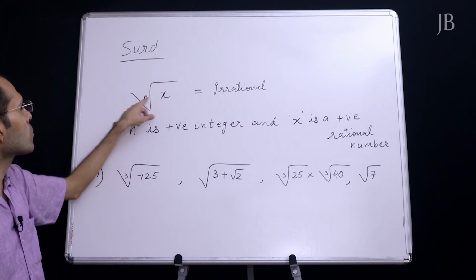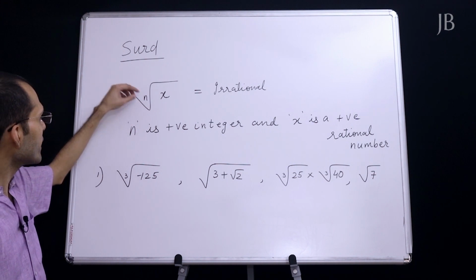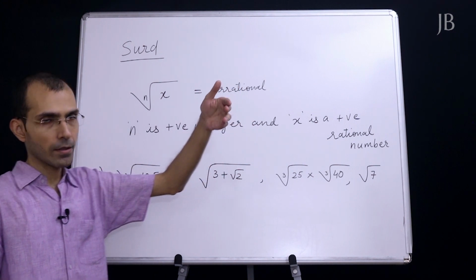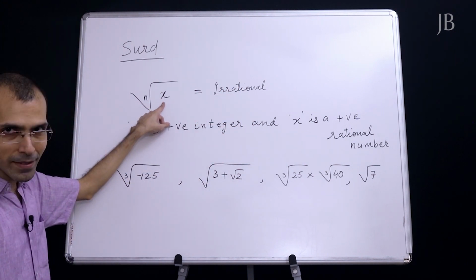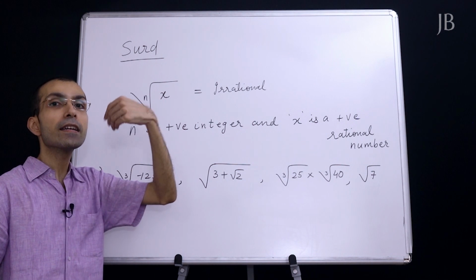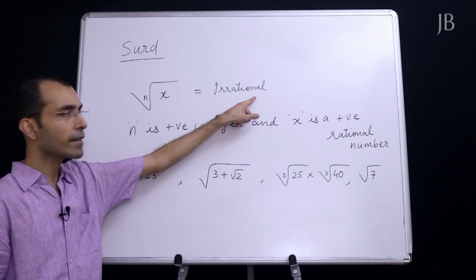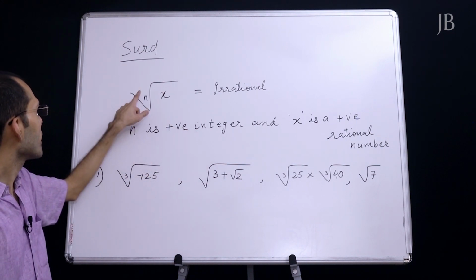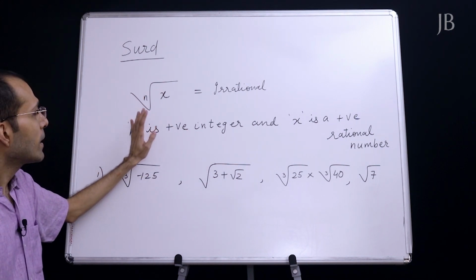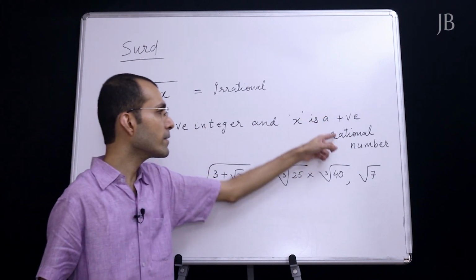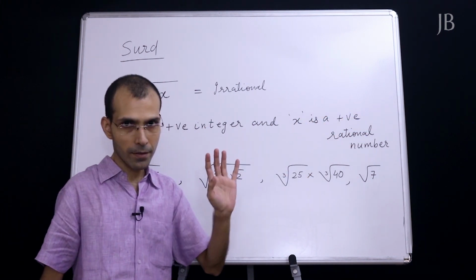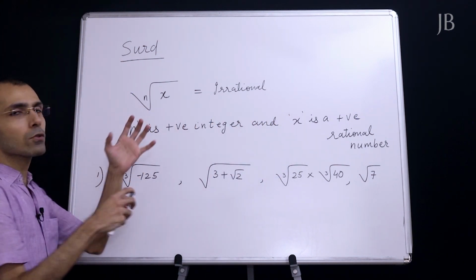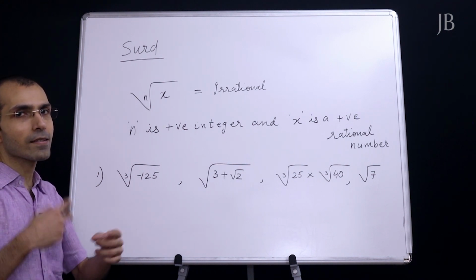See, if the nth root of x results in an irrational number, and n is a positive integer, and x is a positive rational number, if all these three things are satisfied, then the nth root of x is known as a surd.